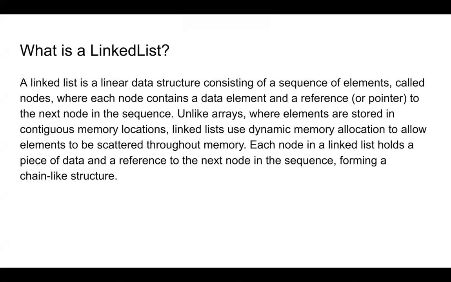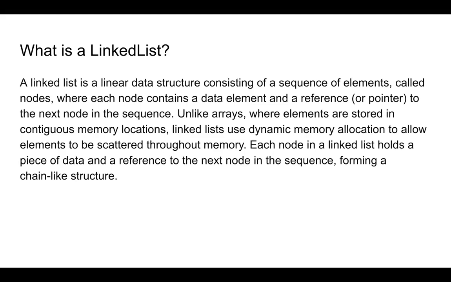A linked list, in a more bookish definition, would be a linear data structure consisting of a sequence of elements called nodes, where each node contains a data element and a reference or pointer to the next node in the sequence. Unlike arrays where elements are stored in continuous memory locations, linked lists use dynamic memory allocation to allow elements to be scattered throughout the memory.